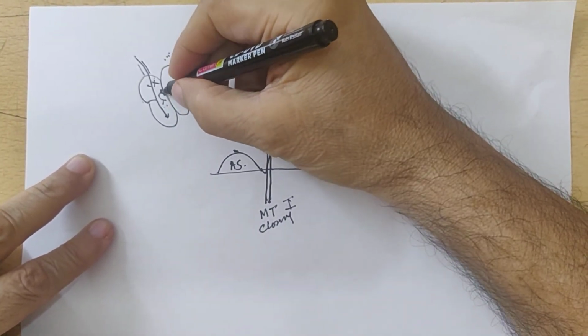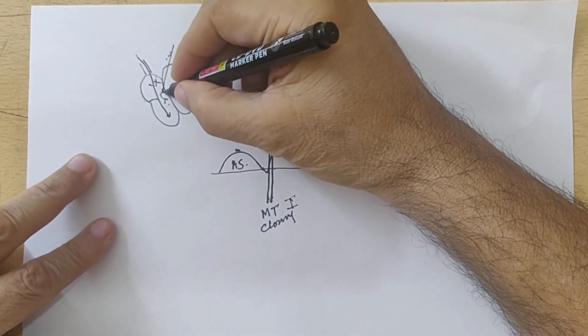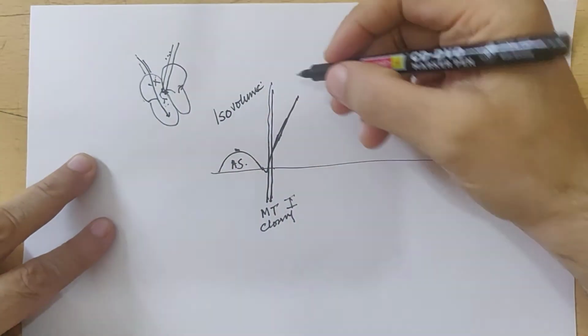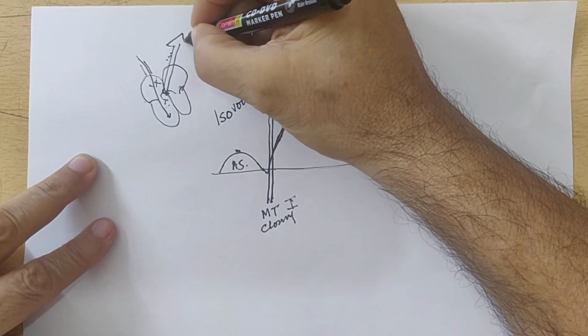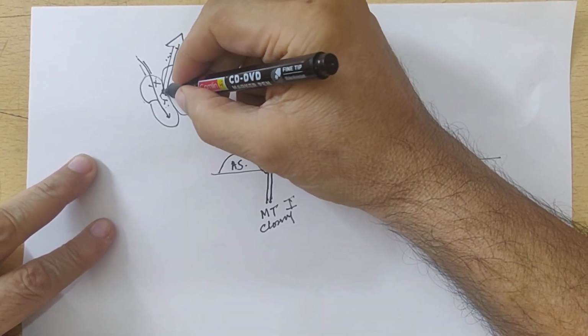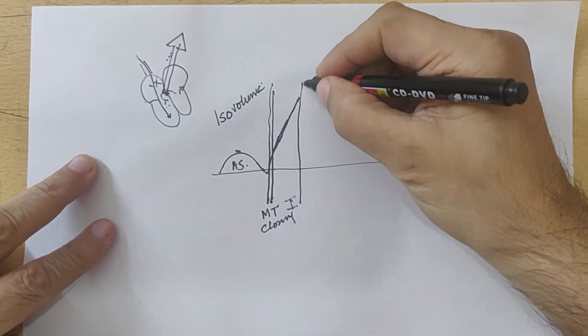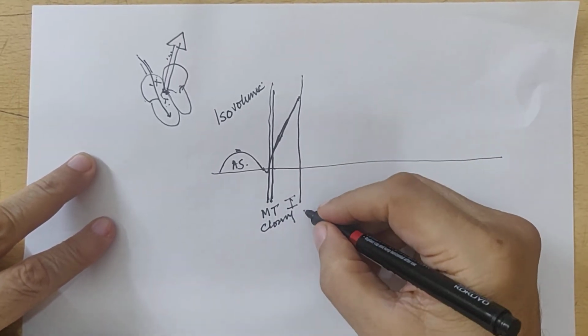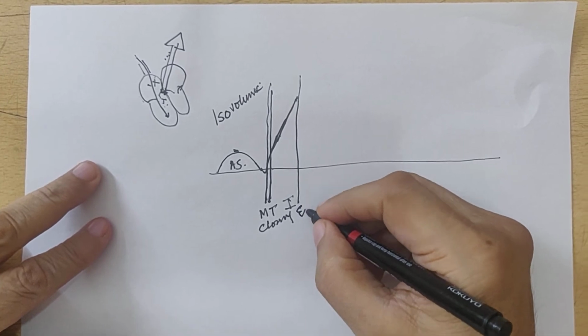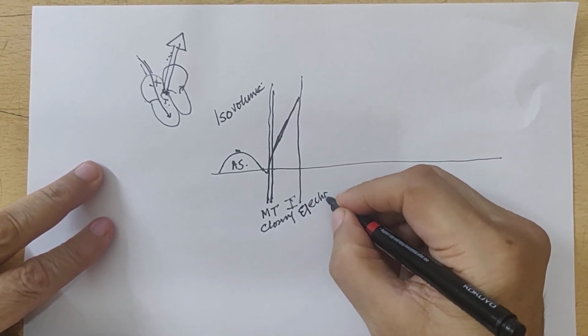Then the ventricle pressure exceeds that of the exit artery and the blood exits, and this is defined by opening of the pulmonary valves. So here we hear what is called the ejection click.